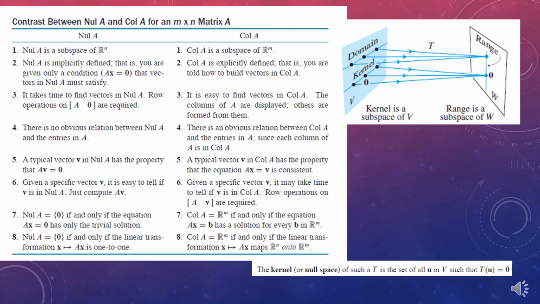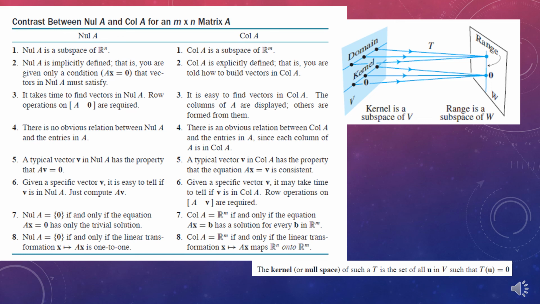Whereas, given the columns, you can automatically see some of the vectors, because the columns themselves are in the column space. And you know that any vector in the null space makes A times it equal to 0. That's by the definition.